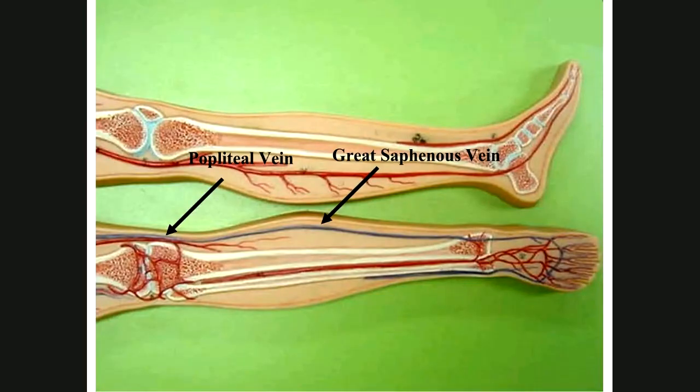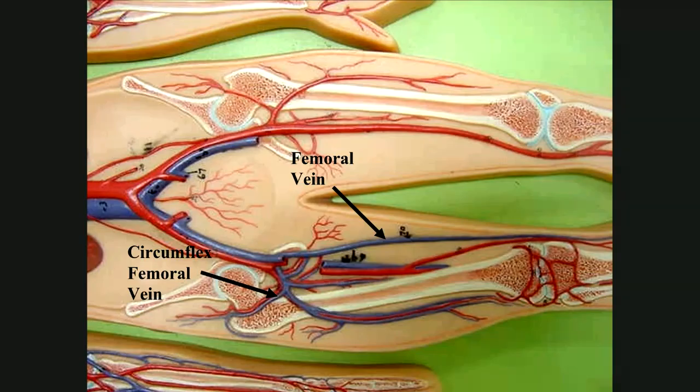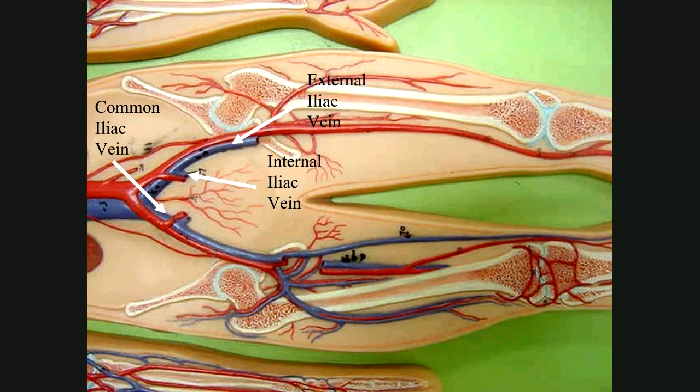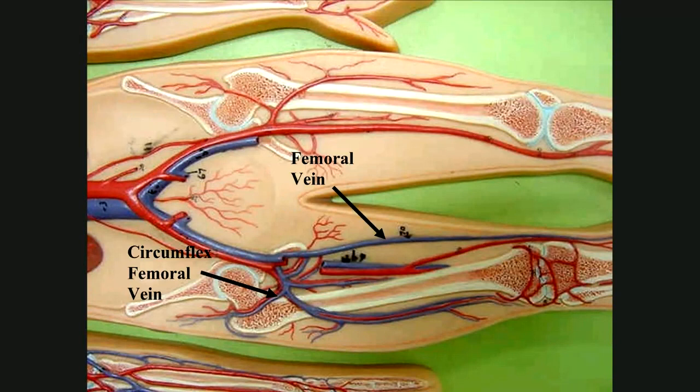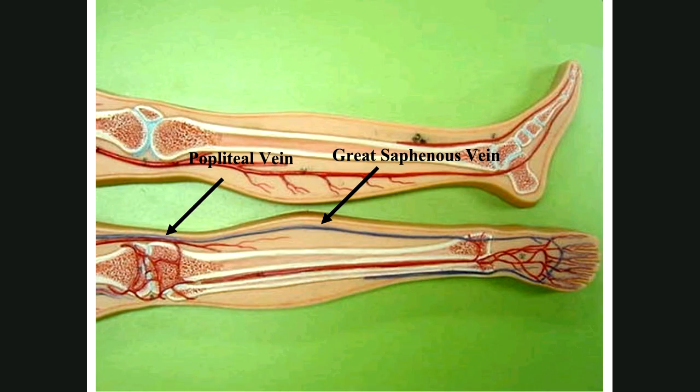Saphenous becomes the popliteal, becomes the femoral, becomes the internal and external iliac, which becomes the common. There's also this little vein, which comes around the head of the femur, the circumflex. Any questions?